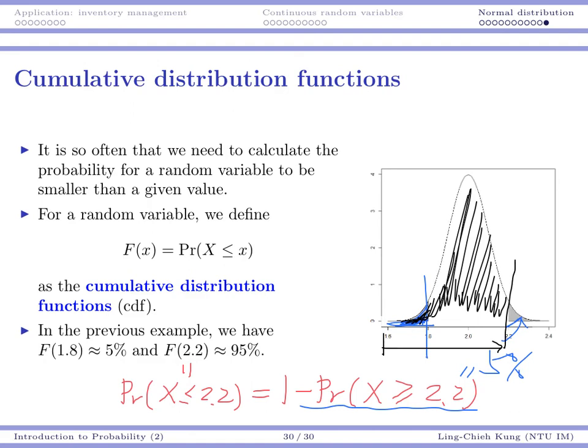So now you have an idea about the normal distribution, something like a bell, symmetric, with central tendency. You know there is a mean, you have standard deviation, and you know sometimes we want to calculate a cumulative probability, and we may use cumulative distribution functions for doing that.